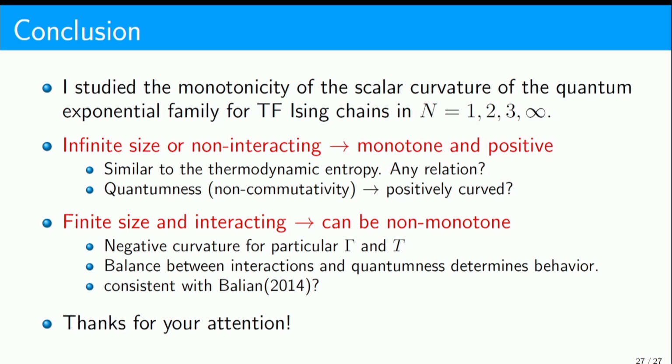On the other hand, if a chain is of finite size and interacting, the scalar curvature can be non-monotone, and furthermore it can have negative values for particular values of transverse field and temperature. From these observations, I think that the balance between ferromagnetic interactions and quantumness that comes from non-commutativity between observables determines the behavior of the scalar curvature.